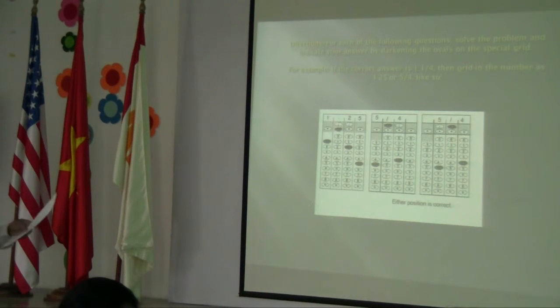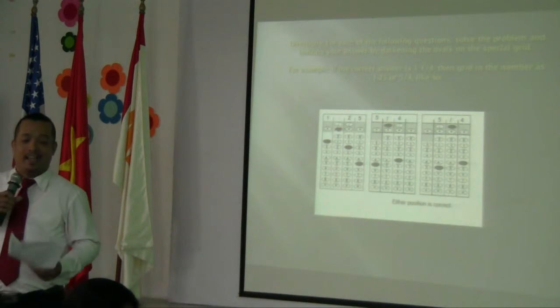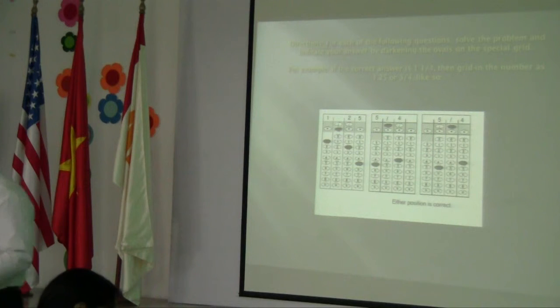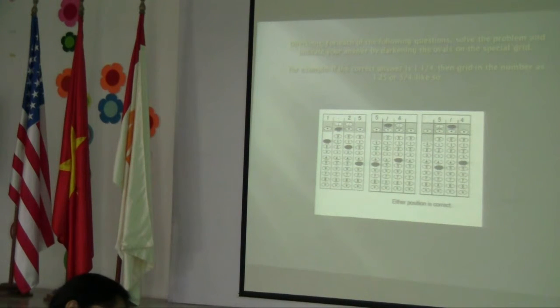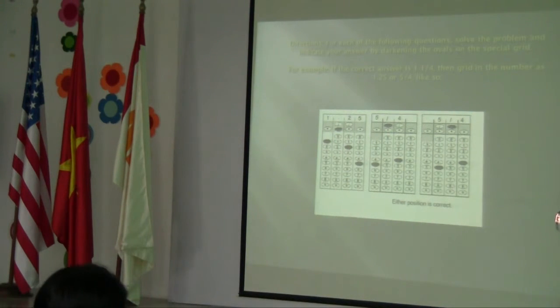Number 14. What is the answer for number 14? 0. Okay, because there is no greater number for a squared and b squared. So this is always equal to 0. If it is negative, it must be equal to 0 also.